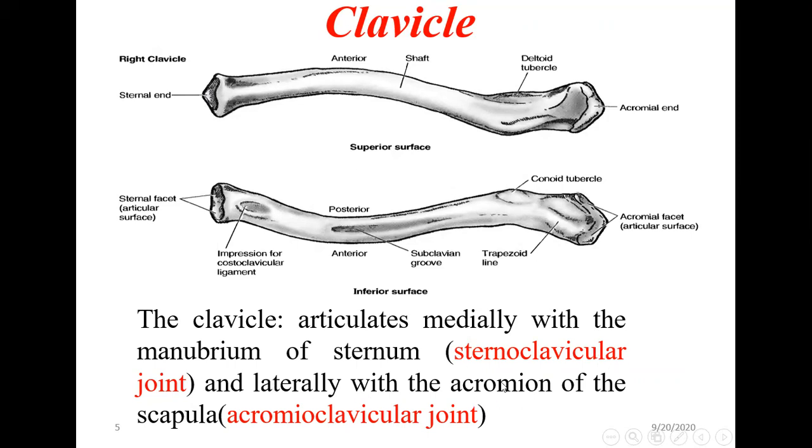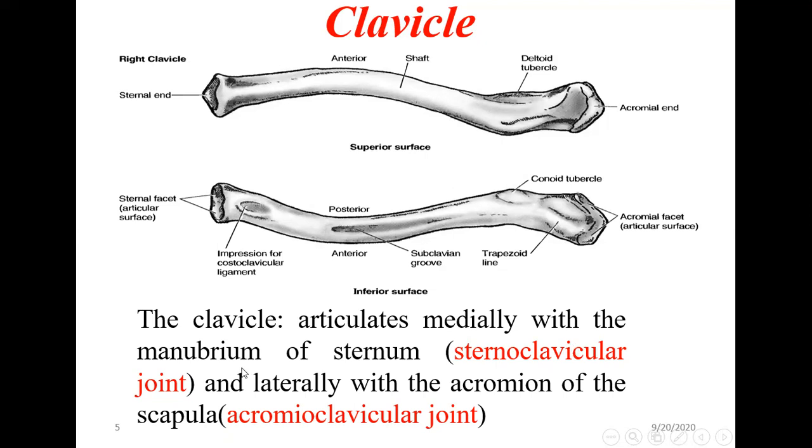Similarly, laterally it articulates with the acromial process of the scapula, and the joint is called the acromioclavicular joint, because it is between the acromion process of the scapula and the clavicle.